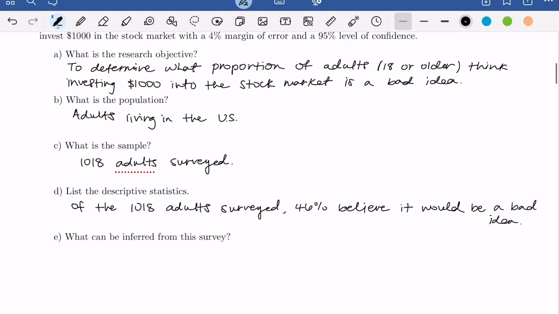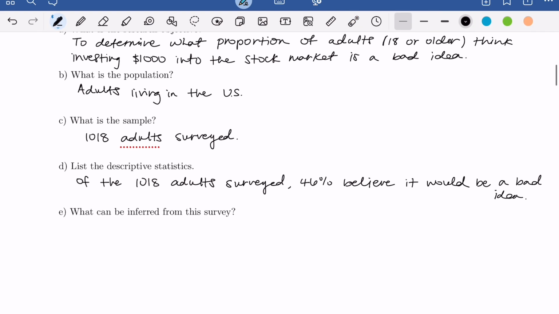And then lastly, for part E here, what can be inferred from this survey? So we can infer that a little less than half of the adults in the US believe investing $1,000 in the stock market is a bad idea. And we can infer this directly from the descriptive statistics that we found in part D. So I'll write that out here.